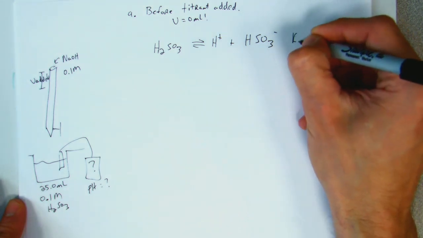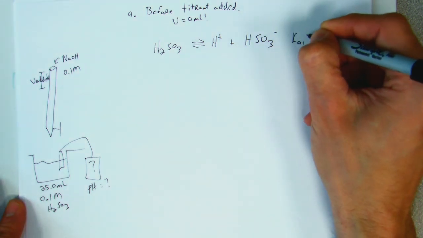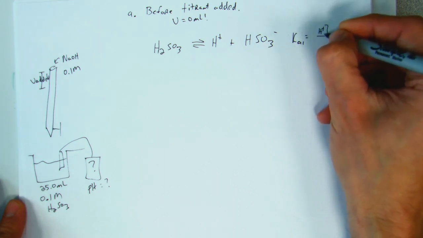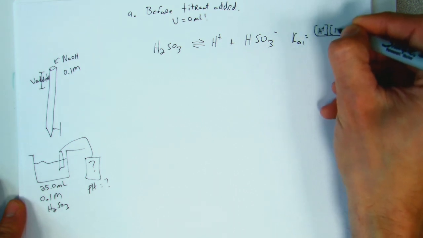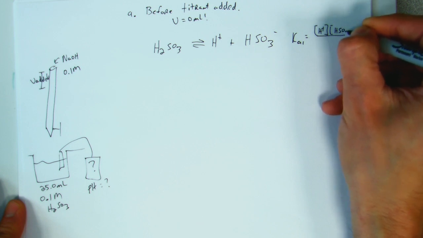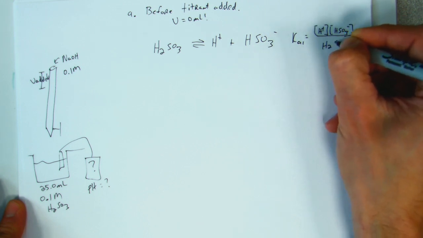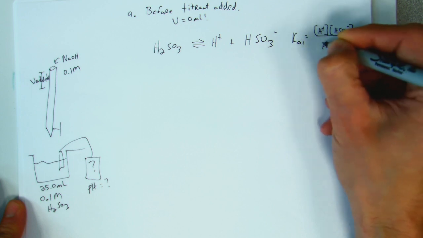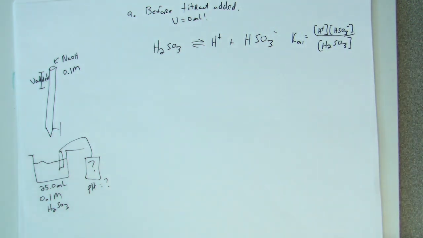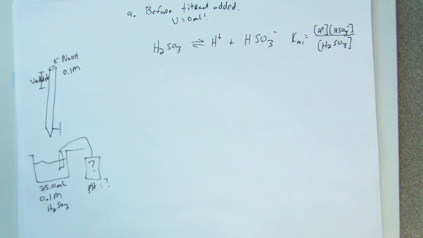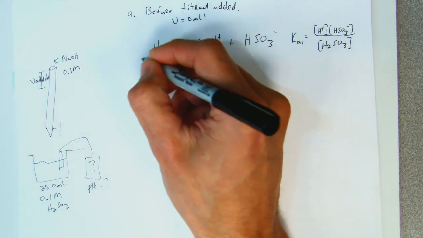And of course, again, that's governed by the Ka1 expression, which is products over reactants, just like any equilibrium constant. So doesn't it make sense that before I drain any titrant, the weak acid dissociation is what matters for the pH of this solution? Indeed, that's going to be the case.